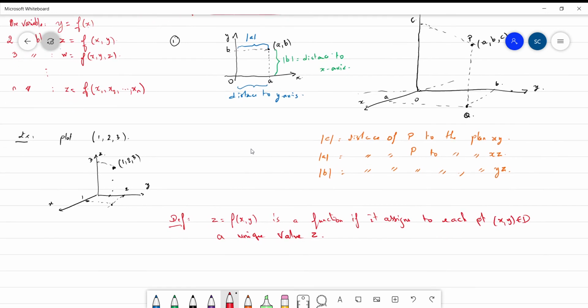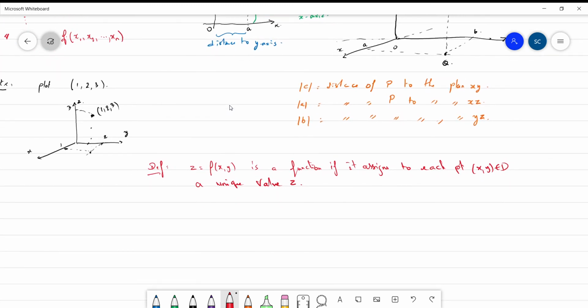If you collect all possible values where your relation is defined, we call it the domain of f.